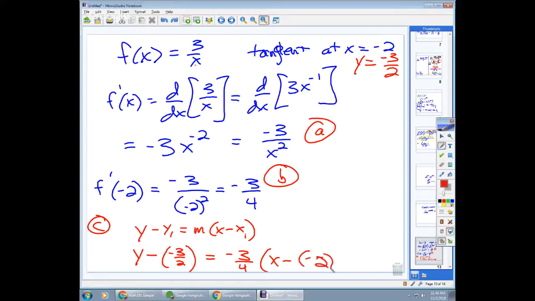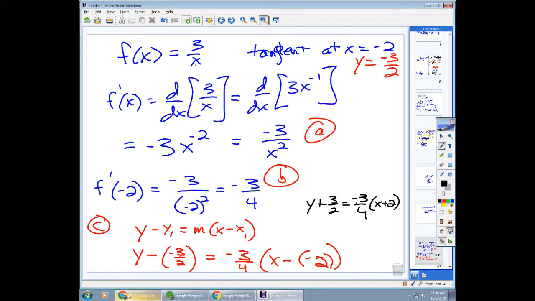Carefully evaluate those negatives, and I think you'll get for a tangent line y plus 3/2, I'm stuck with the -3/4 as the slope, but I get x plus 2. You don't need to solve that for y unless you have a TI calculator that you want to check it on. But I would certainly plug this into my calculator next to help me do a good graph.